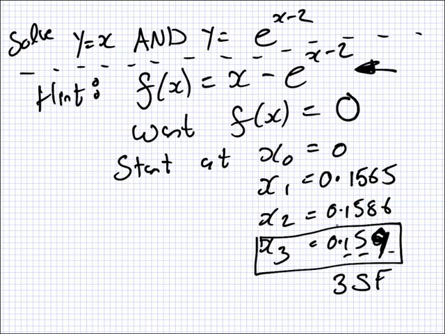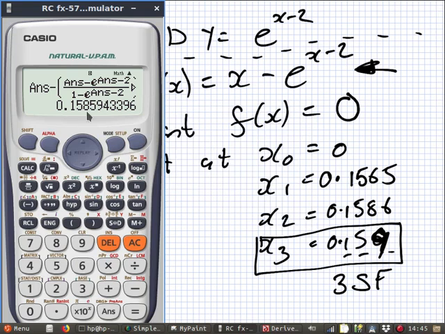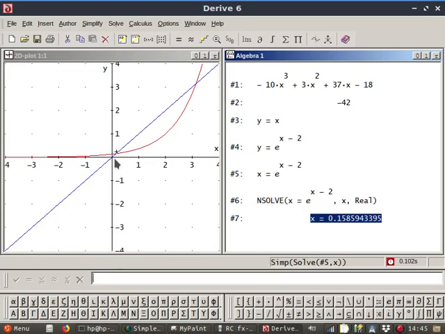I think that's actually what I had, isn't it? 0.15859. That's the exact answer. Well, that's it. I only needed it 3 times, because I was so close to begin with. It's useful. You can use this to solve any problem, you know.